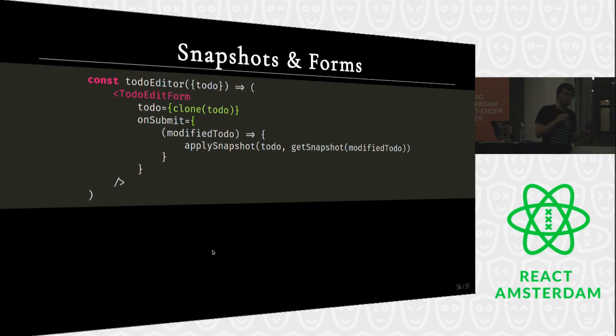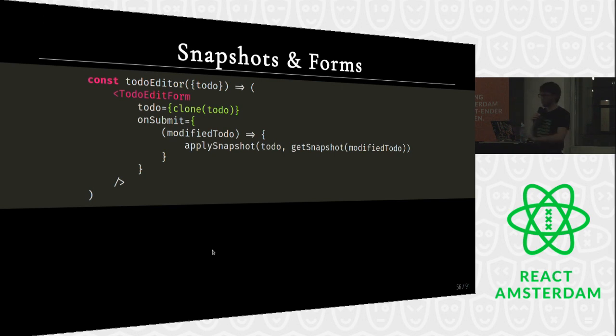You can also do many other things once you have snapshots. For example, if you have a form, but you want to make changes in that form to some object, but you don't want it to immediately become the truth. You want that state just localized in the edit form until you submit it.